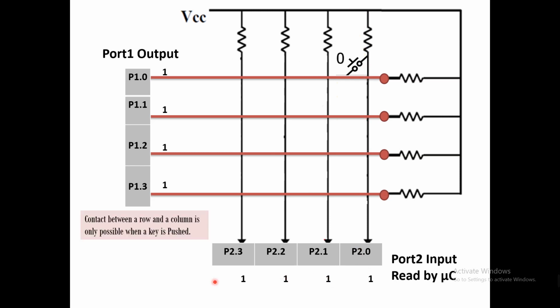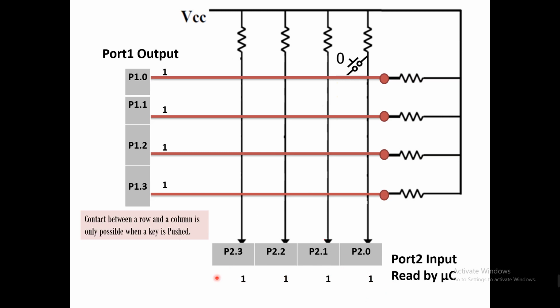Contact between a row and a column is only possible when a key is pushed. That is right. If we install all the keys and none of the switches is pressed, there will be no change. The microcontroller will always read 1 1 1 here.